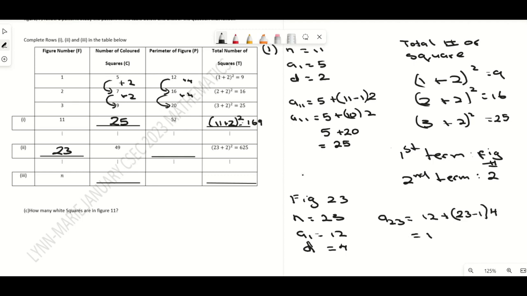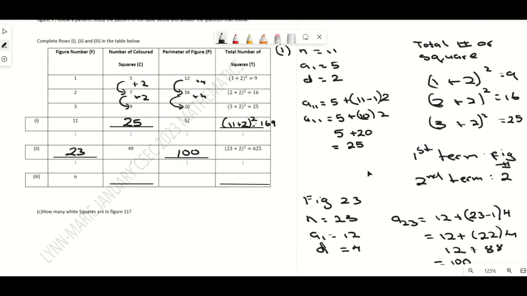So this is equal to 12 plus 23 minus 1, which is 22, times 4. We know 4 twos are 8, 22 times 4 is 88, so it's 12 plus 88, which is equal to 100. So we know that your perimeter of figure P for your 23rd term is 100.